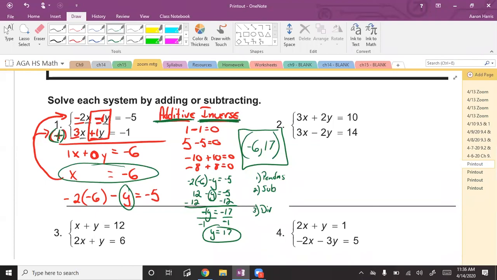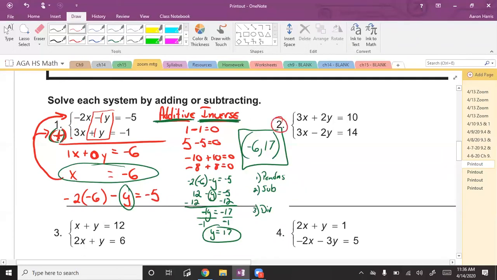I had a -1. I erase all this so you can see it. Here is a -1. Here's a +1. So I want to eliminate that variable. And how do I do that? I just add the equations. Does that make sense?